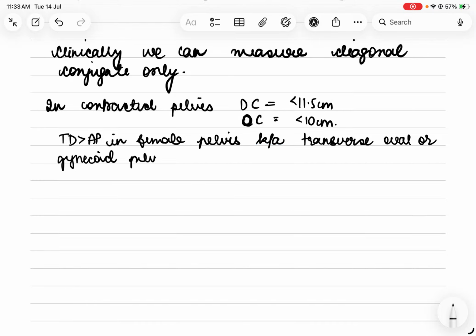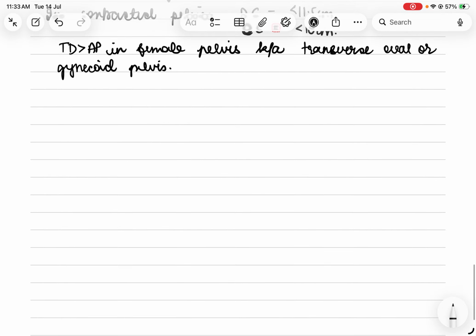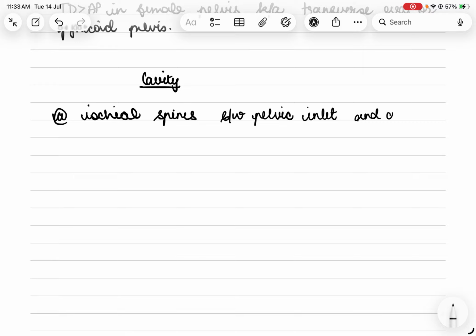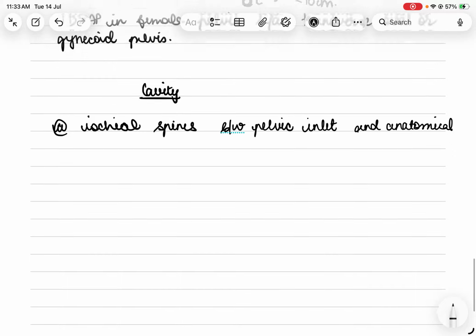Okay guys, now we are going to come on to the cavity. Cavity lies at the level of ischial spine, between pelvic inlet and anatomical outlet.